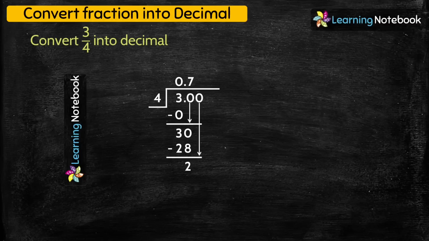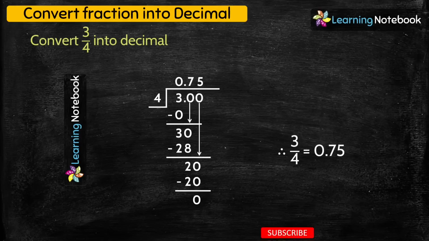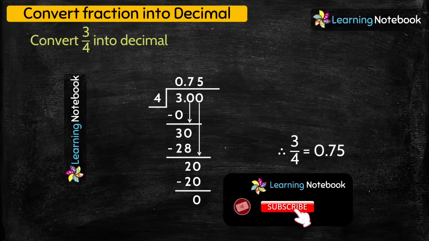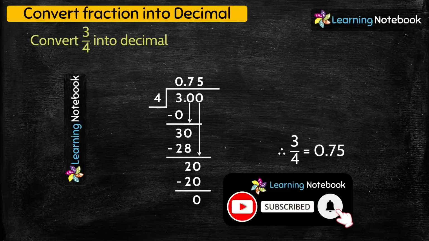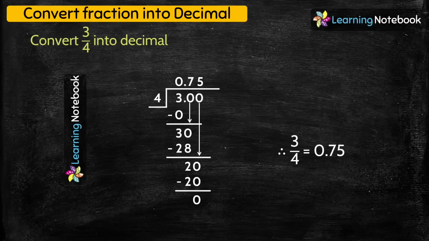Copy next 0 and now divide 20 by 4. 4 into 5 equals 20 and 20 minus 20 equals 0. So answer is 0.75. So in this way, we have converted fraction 3 by 4 into decimal 0.75.